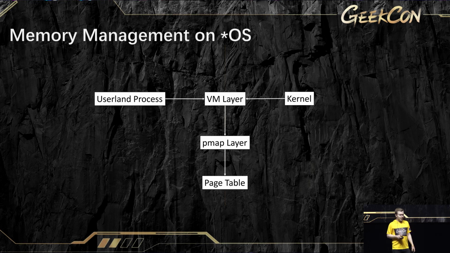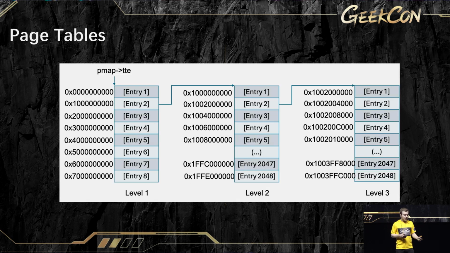So let's first discuss memory management on a surface level. In memory management, you have the distinction between physical addresses and virtual addresses. The page table is what maps certain physical addresses to virtual addresses, and the PMAP layer is what manages page tables on Apple operating systems.